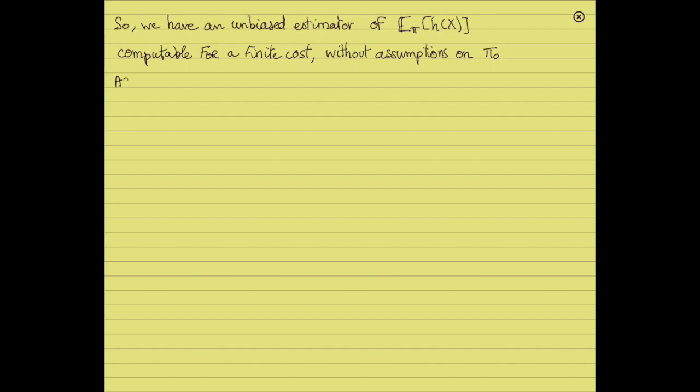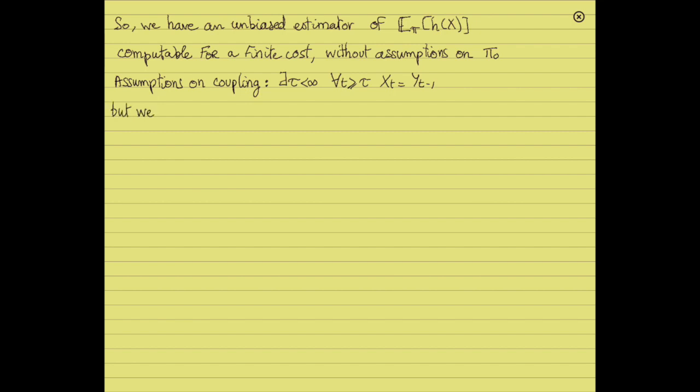There are, on the other hand, assumptions on the coupling. So let's recall first the starting assumption, which is that the meeting time is finite, and it is such that xt is equal to yt minus 1 after the meeting.